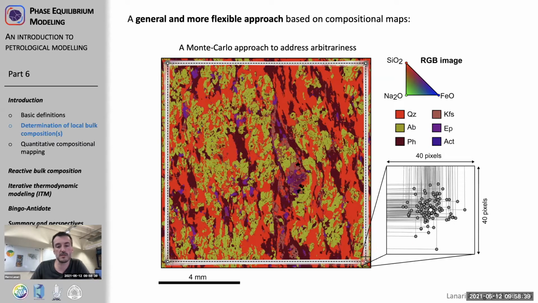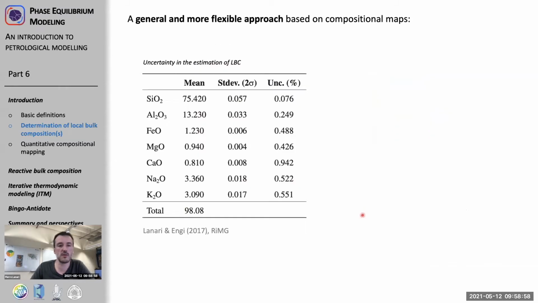In this case, what I did is I just drew a rectangle, and then I used an algorithm to move randomly each corner of the area, which means that you can extract 2000 local bulk compositions from slightly different domains. That's the summary. You obtain a mean value. That's your local bulk composition. That is very similar, for this example, to the bulk rock composition. You have a standard deviation, and you can extract an uncertainty.